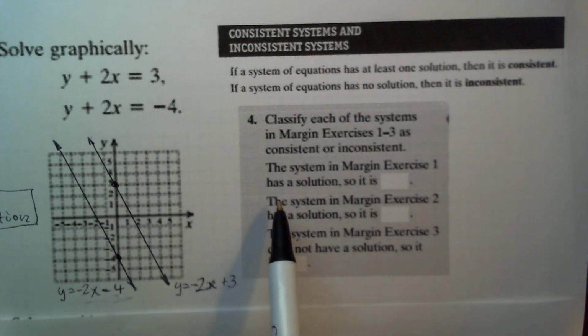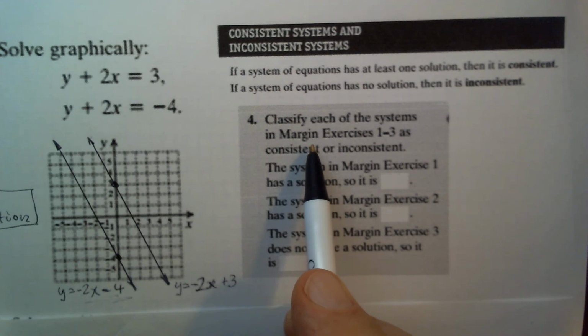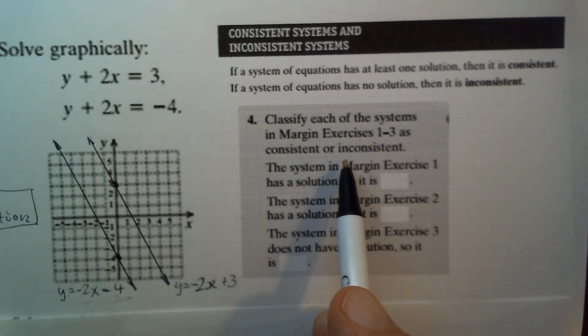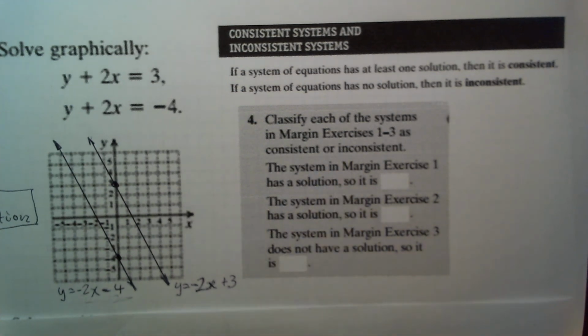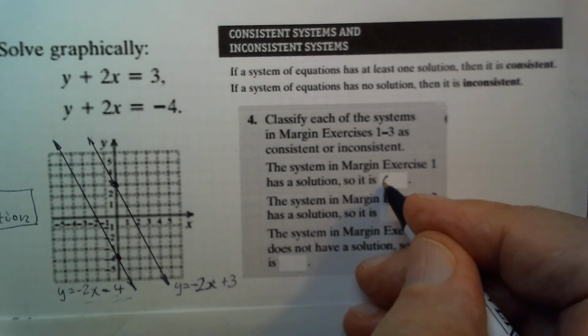So let's look at example number 4. Classify each of the systems in margin exercises 1 to 3 as consistent or inconsistent. So remember, example number 1 had one solution, so it is consistent.